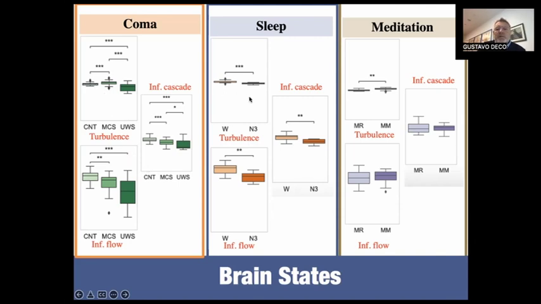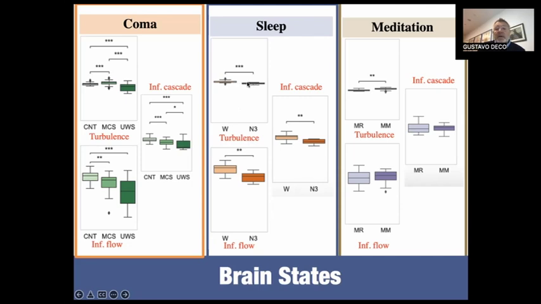But if you concentrate on the level of turbulence for these different conditions, there are different coma patients, and they are showing under the different conditions, if it is a vegetative state, minimal consciousness, or the control group of subjects, a significantly different level of turbulence.